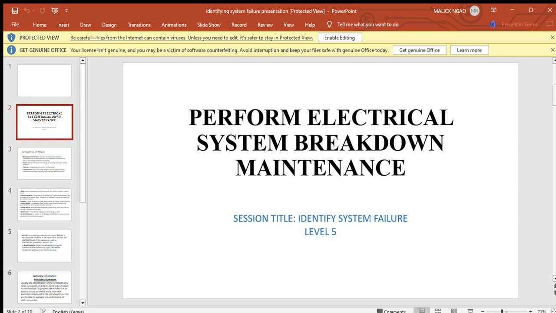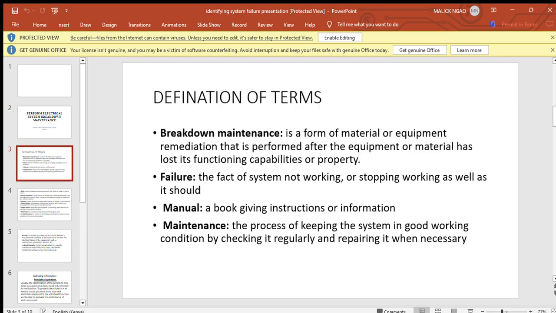Under our unit of performing electrical system breakdown maintenance, today we will be tackling a session titled Identifying System Failure. What comes to our mind when we think of system failure?